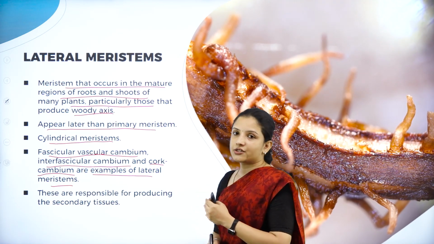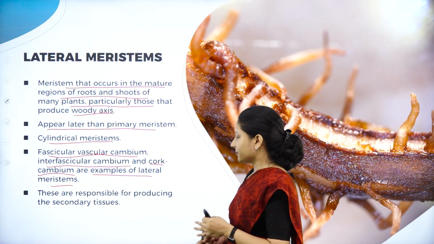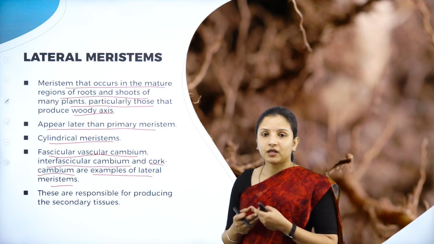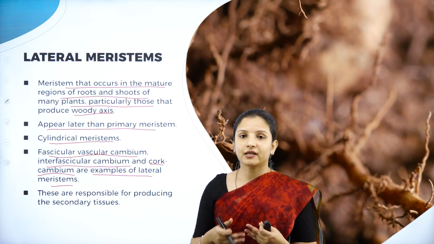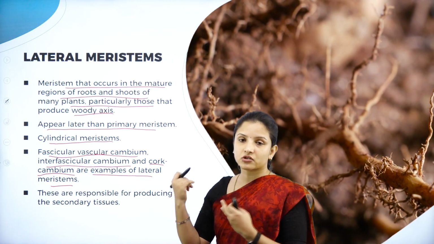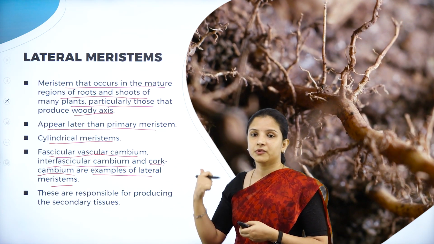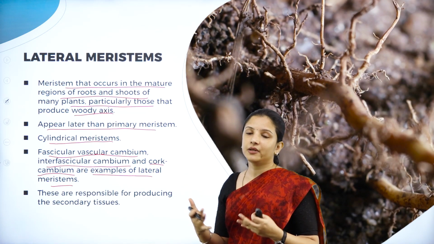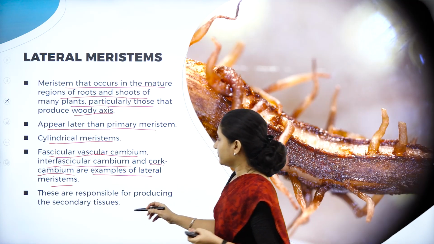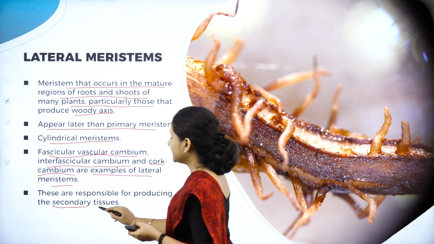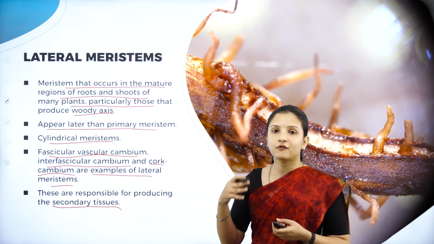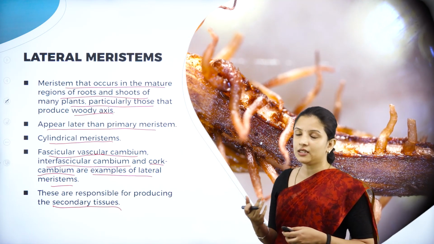But when it comes to lateral meristem, these are the examples, and they are very, very important for producing the secondary tissue. Especially in the trees or the woody plants, the cork cambium and the cambium cells will usually be present, and they are responsible for producing the secondary tissues or the second formed cells which form the secondary tissues.